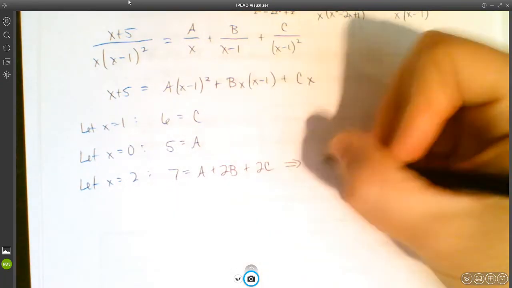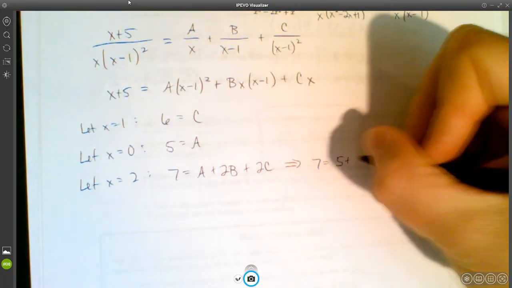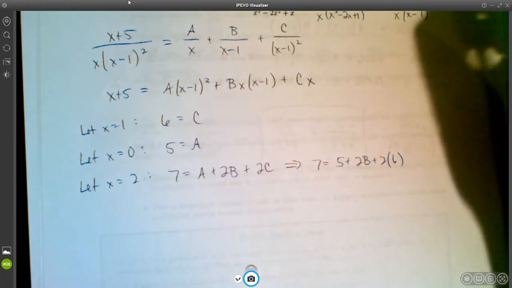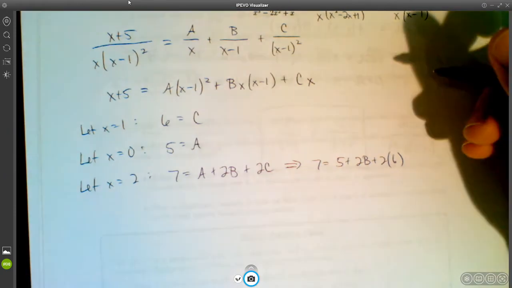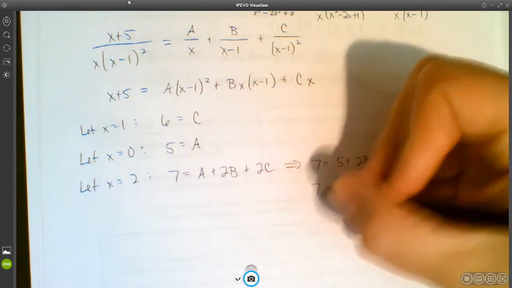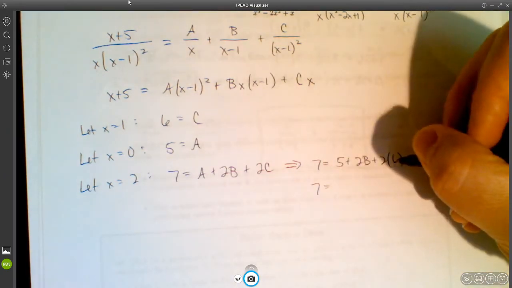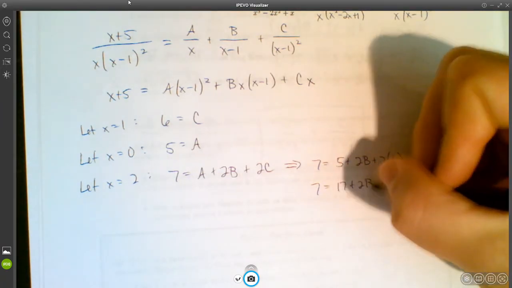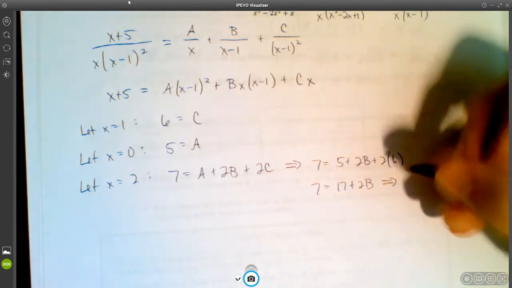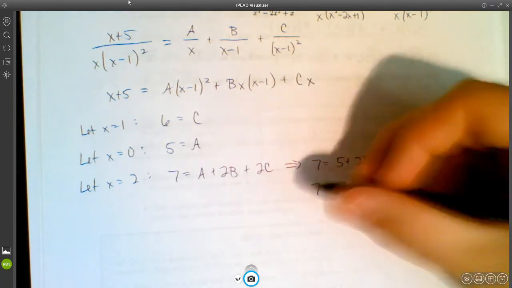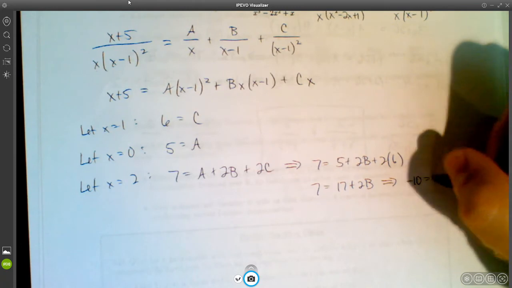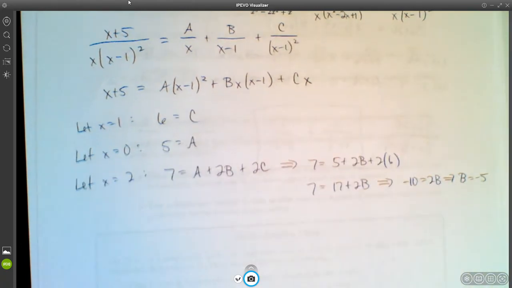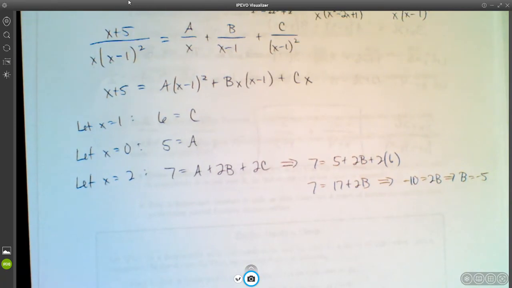So really this means 7 equals 5 plus 2B plus 2 times 6. And then I can solve for B, right? So 2 times 6 is 12. 12 plus 5 is 17. And 7 minus 17 would be negative 10. Okay, so B equals negative 5. So there you go. I've got A, B, and C now.